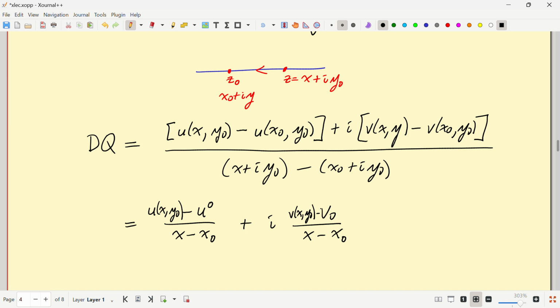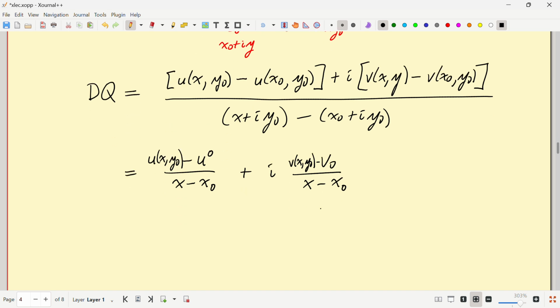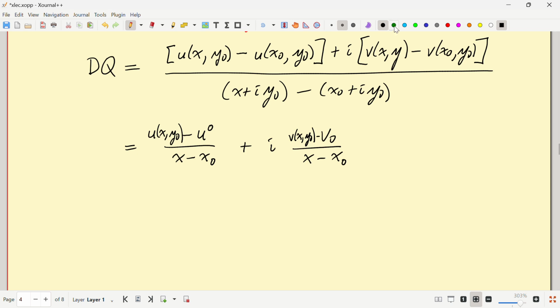So that baby lemma: if the thing is complex differentiable, then those two real limits are going to exist. And it's an if and only if thing. So the baby lemma implies that the first partial derivatives exist.